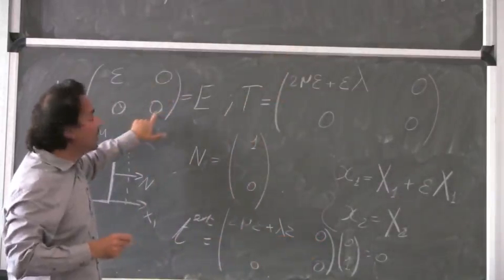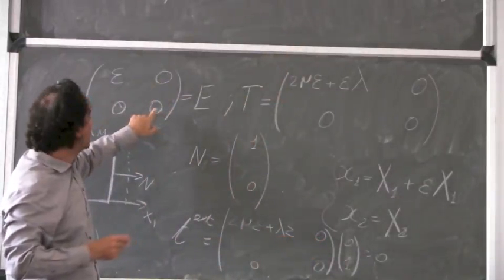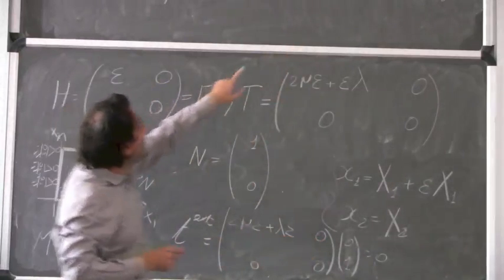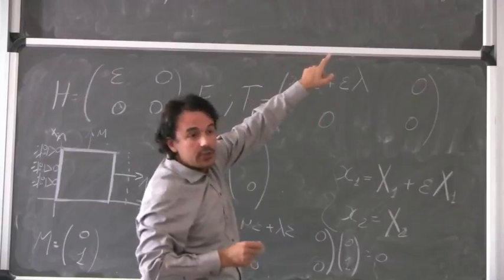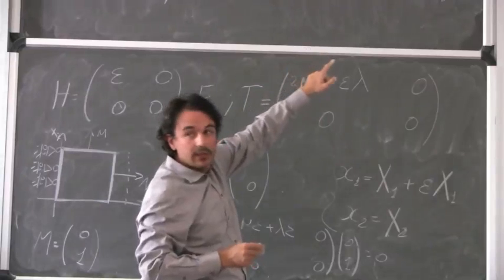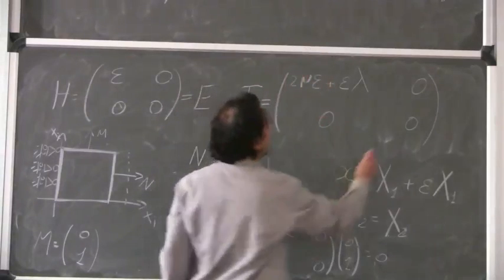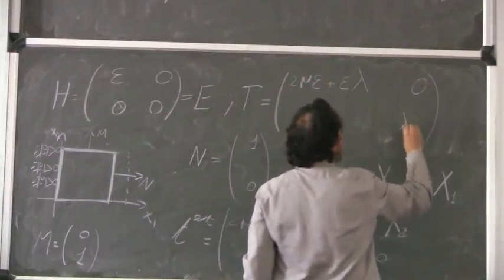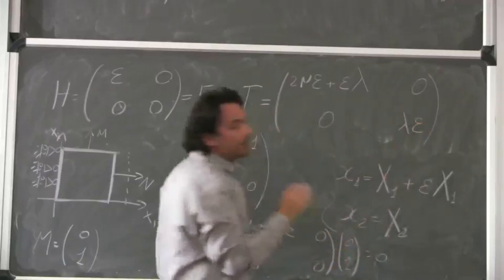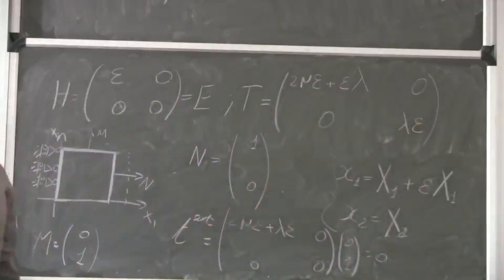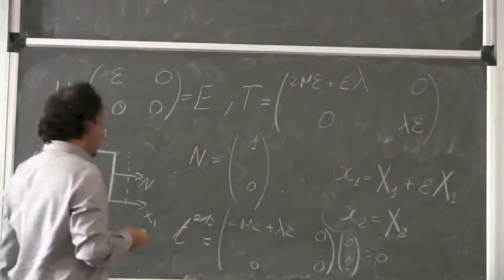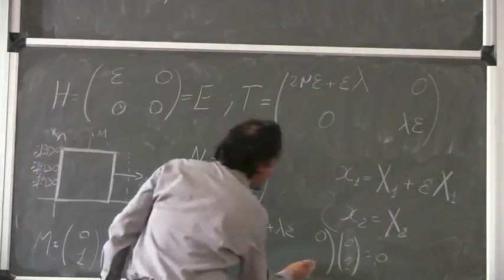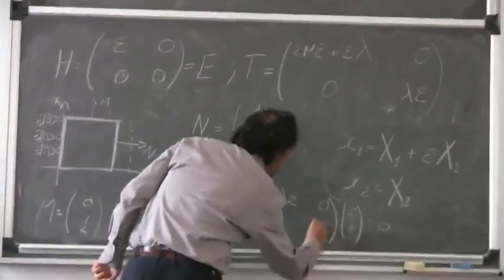The mistake is on this part, because in this part I have lambda Ekk, that is the trace of E, that is epsilon, lambda epsilon, multiplied by delta 22. That is 1. So T is this one. That means that here I have a lambda epsilon.